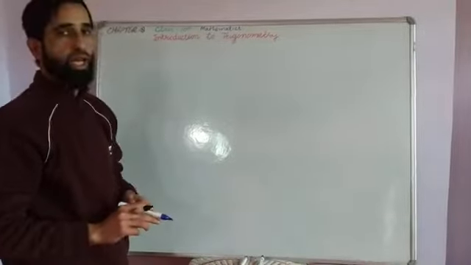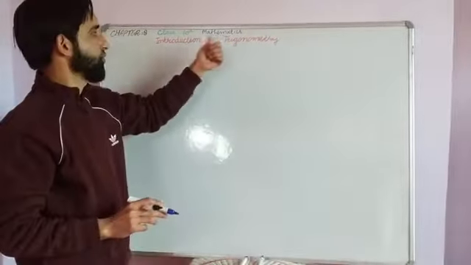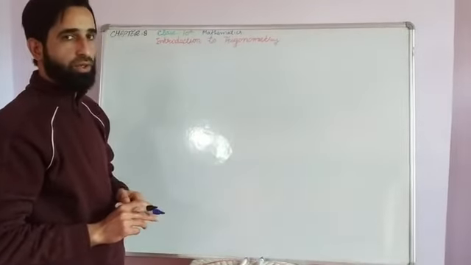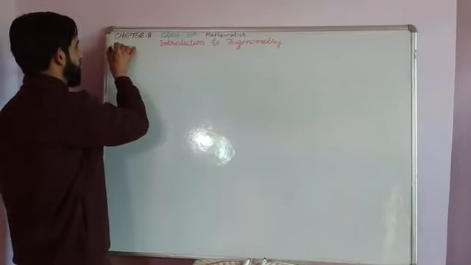Today I am going to throw light on chapter 8 of class 10th mathematics, that's Introduction to Trigonometry. First of all, we will see the literal meaning of the word trigonometry.